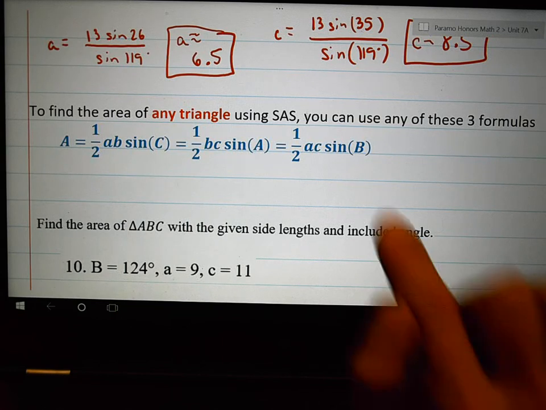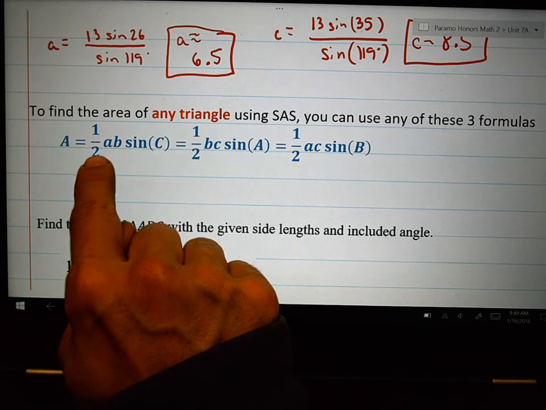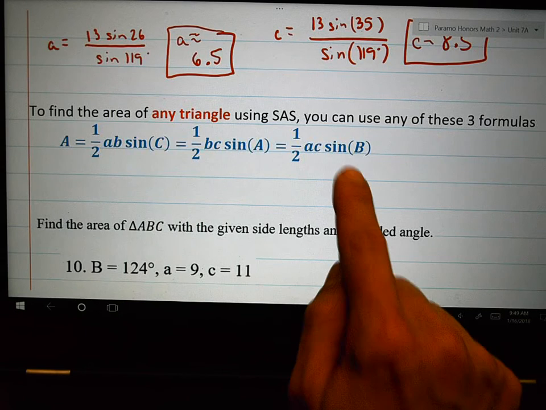The angle has to be the included angle between the two sides. That's why big C and then it goes little a, little b. That's why it goes big A, little b, little c. Big B, little a, little c.